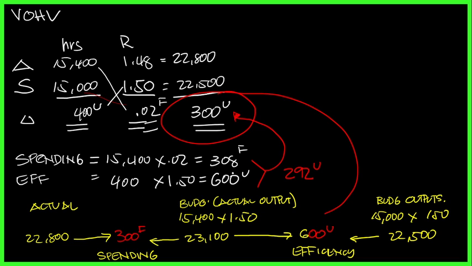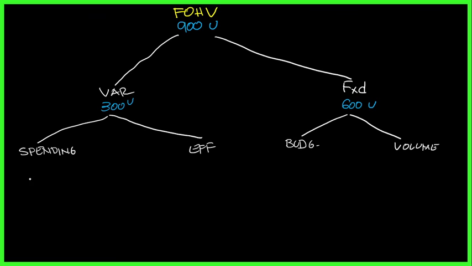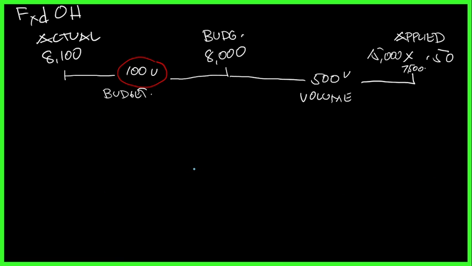So your spending will be 300 favorable, efficiency will be 600 unfavorable. Okay, so 300 na favorable, while this one is 600 unfavorable.